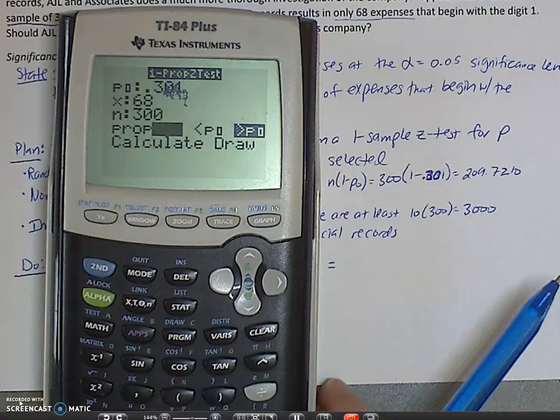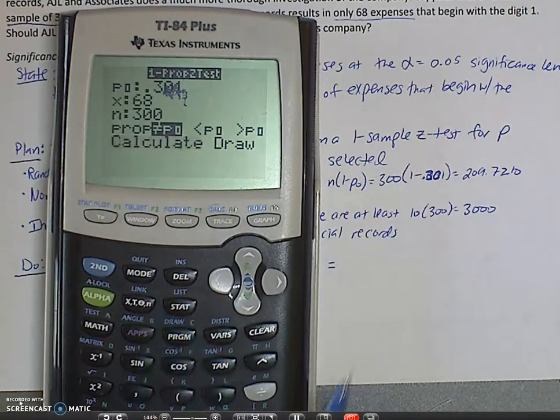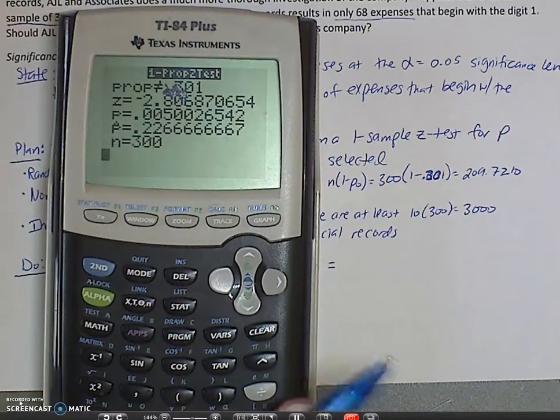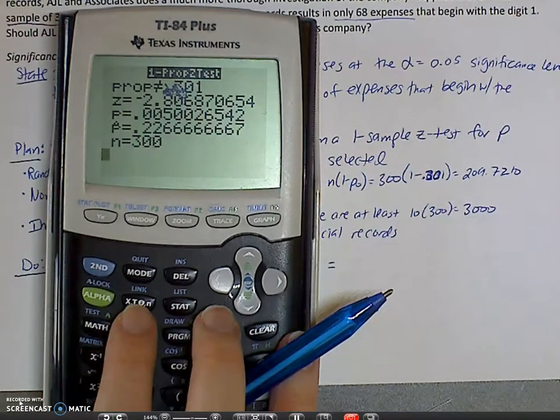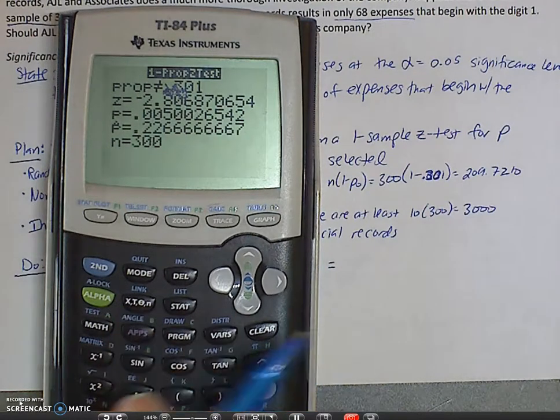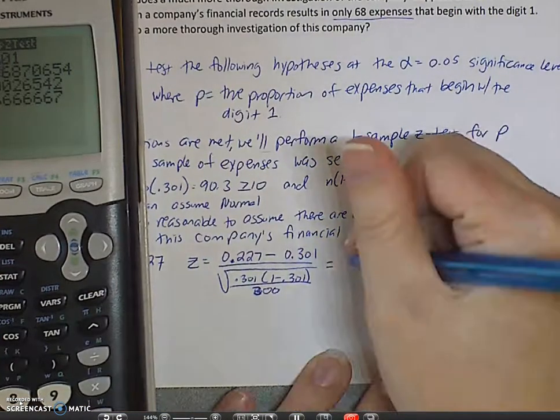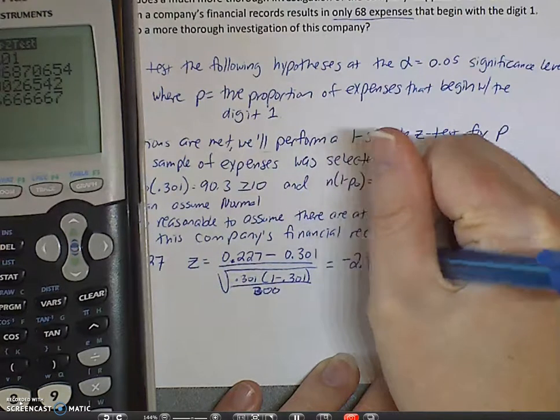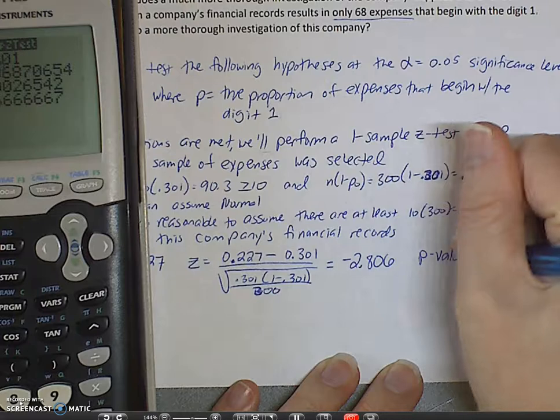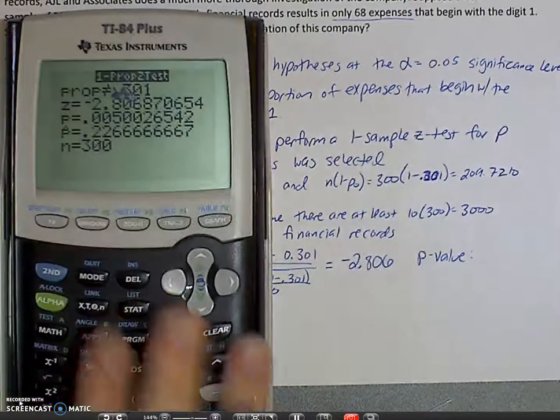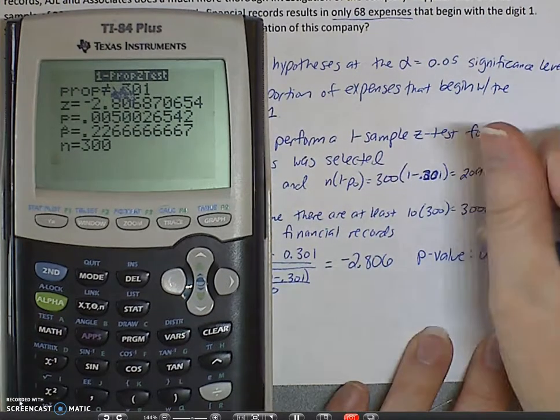And this is a two-sided test, so we do the not equal to. Calculate. My z here is negative 2.806. And then my p-value, according to my calculator, is 0.005.